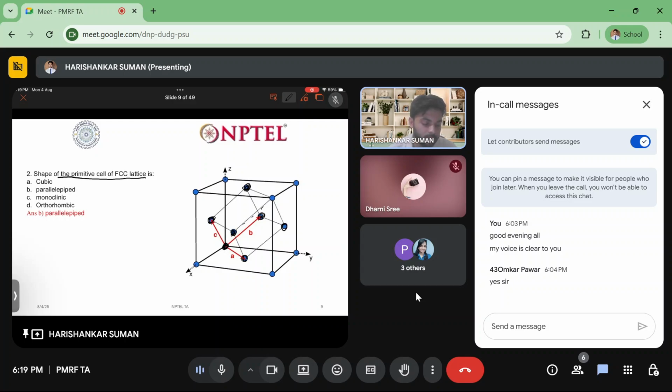If we join these and construct the volume, we will get a parallelepiped.